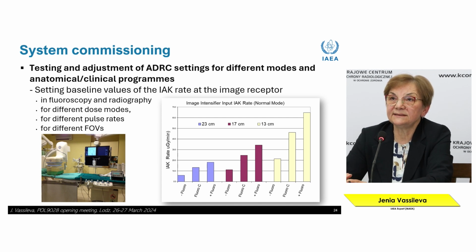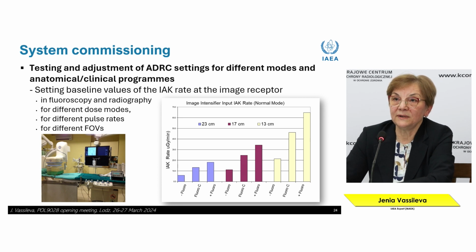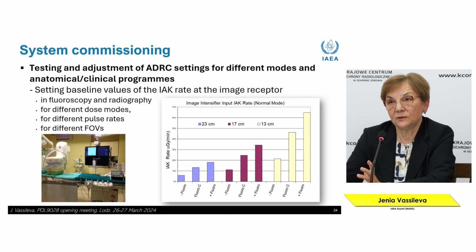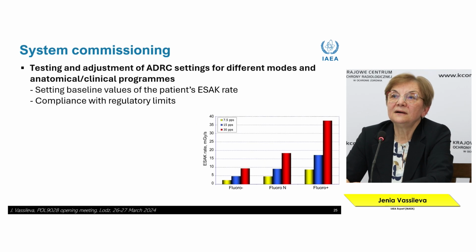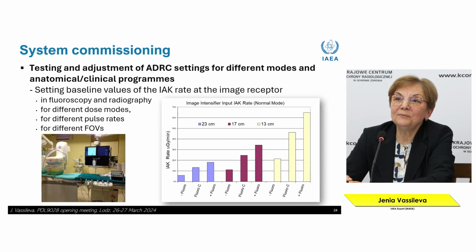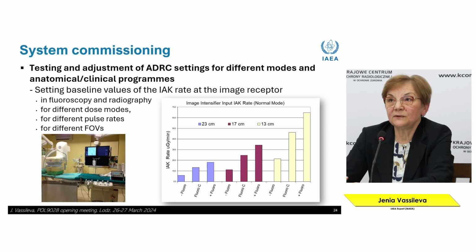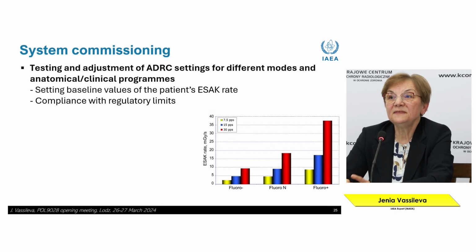You can see here just one example from one system, how the dose rate at the entrance of the patient, this is the incident air kerma rate, varies from the low dose fluoroscopy mode with the lowest dose rate, for the normal field of view of 23 centimeters, up to more than 8 times difference in the dose rate for the fluoro plus, for the high dose fluoroscopy rate, and for the highest magnification of 13 centimeter field of view. So these need to be known.